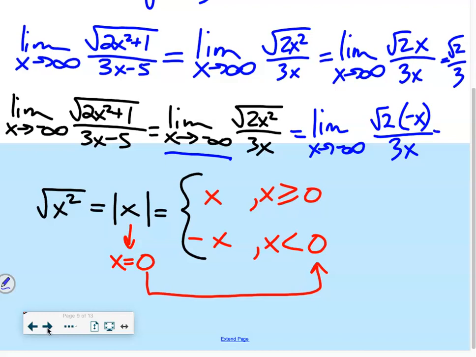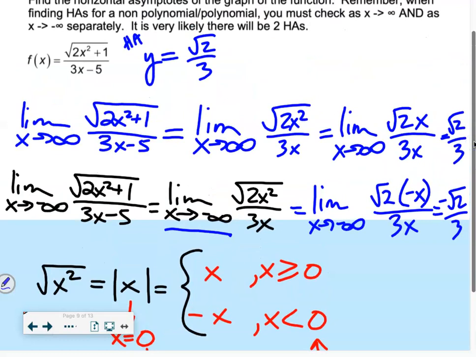So what is the actual value of this limit? Negative root 2 over 3. And this function actually has two horizontal asymptotes, one at positive and one at negative infinity. All right, that's a lot of time on that problem, but that's okay, it's worth it. Any questions on this?